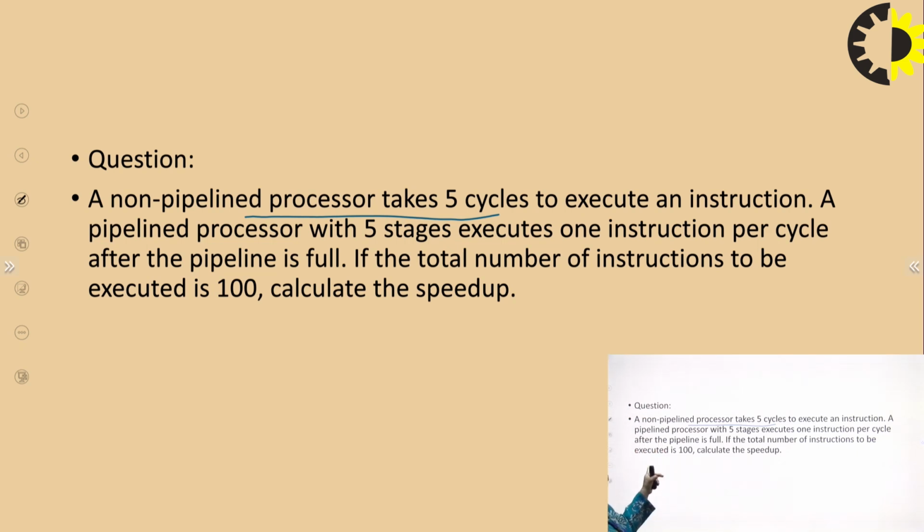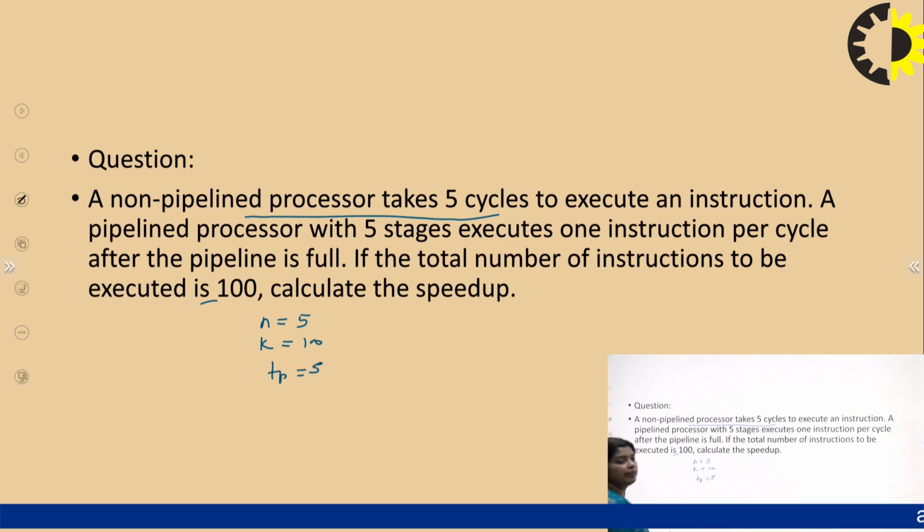And the instructions per cycle of the pipeline is full and the total number of instructions executed is 100, means total number of tasks N is 100, and the TP value is 5 cycles.